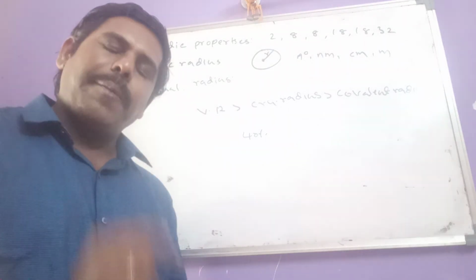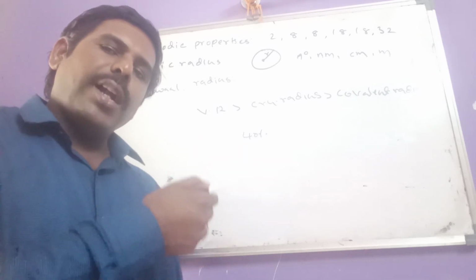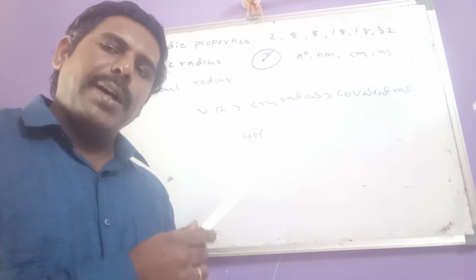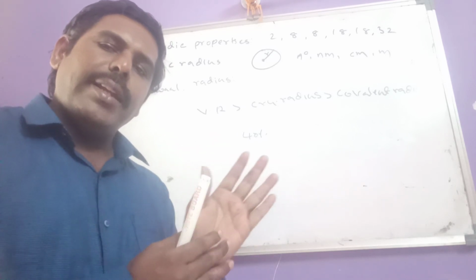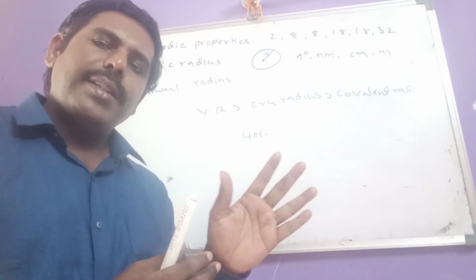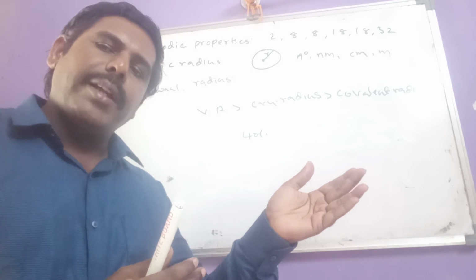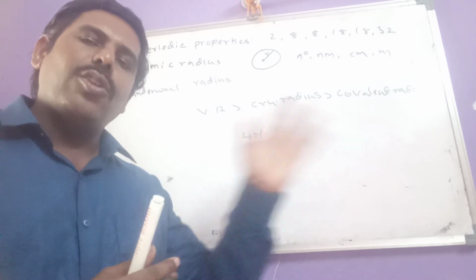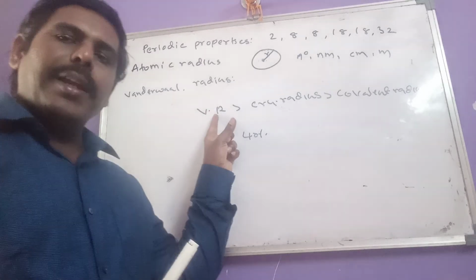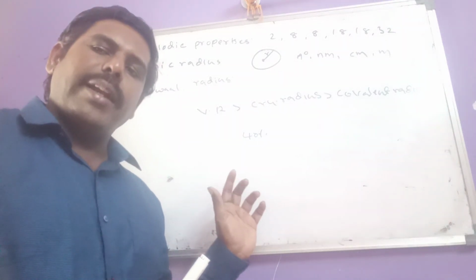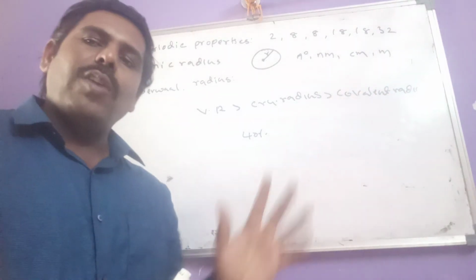We have to remember this, because in a period from left to right, atomic radius decreases up to the 7th A group. But suddenly there is an increase from the 7th A group element to the 8th A, that is, the zero group element. Why? Because for zero group elements we calculate van der Waal radius, but up to the 7th A group we calculate covalent radius.